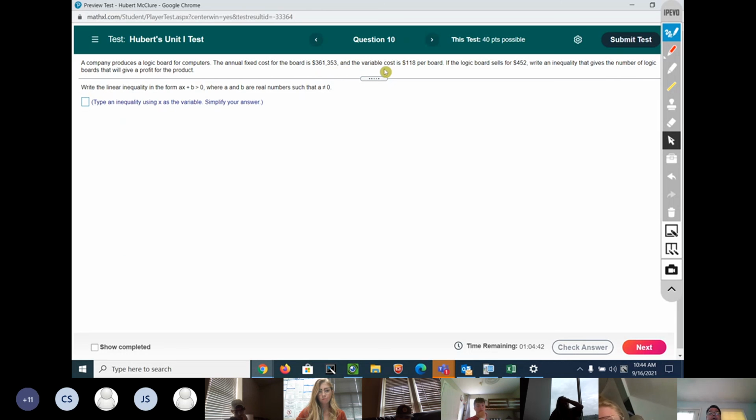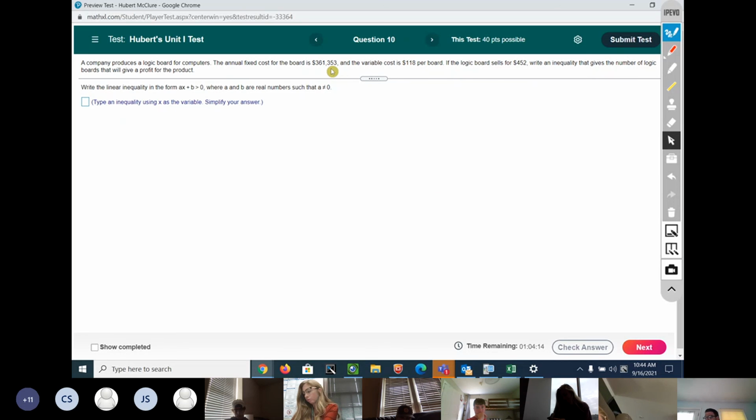So the fixed cost is $361,353, and the variable cost is $118 per board. If the logic board sells for $452, write an inequality. All right, so they want you to make sure you make a profit. The annual fixed cost is $361,353.